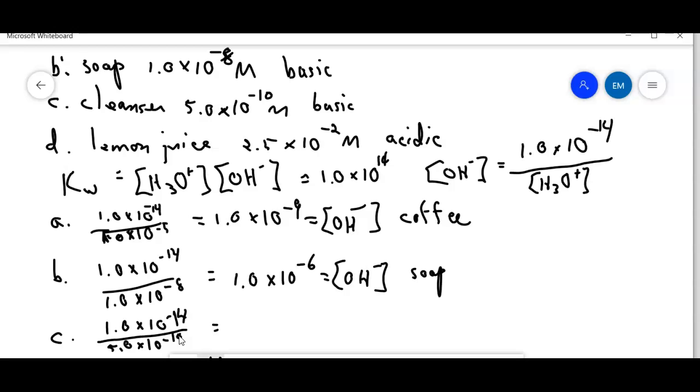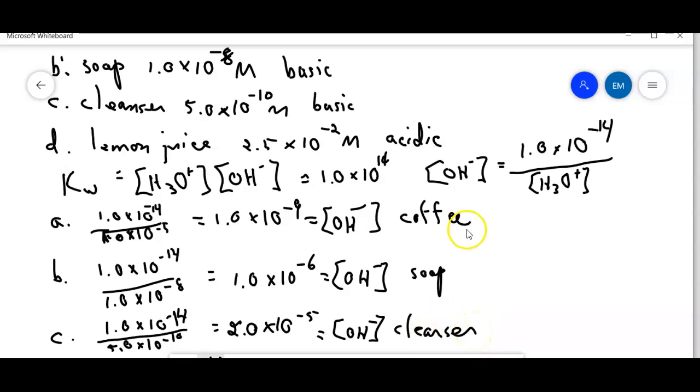So we have 1e to the minus 14th divided by 5.0e to the minus 10th. This gives me the answer in decimal, but I want it in scientific notation. So I get 2.0 times 10 to the minus 5th, which is the concentration of hydroxide for the cleanser.